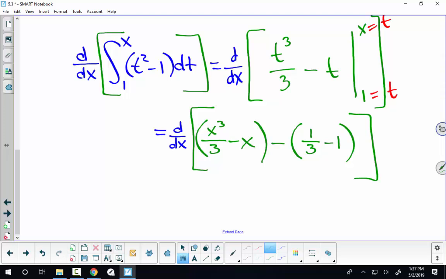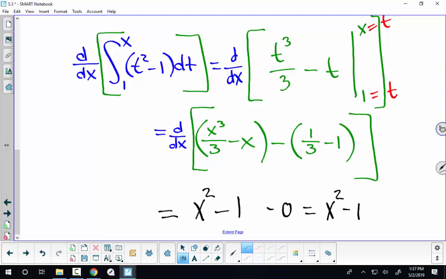Okay, so now I can take the derivative of this stuff. The derivative with respect to x of x cubed over 3 gives me x squared. The derivative of x is 1, minus the derivative of 1/3 minus 1, which is 0 because all of that's a constant. So we're done: x squared minus 1.